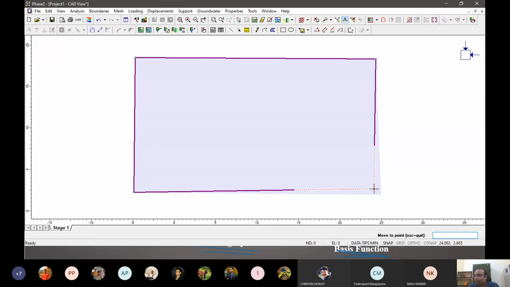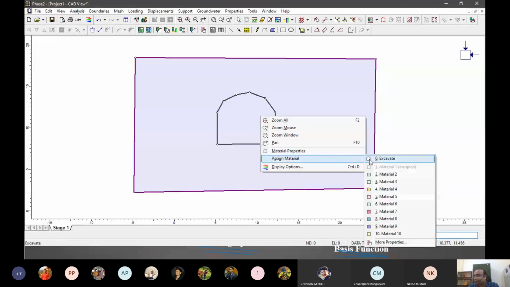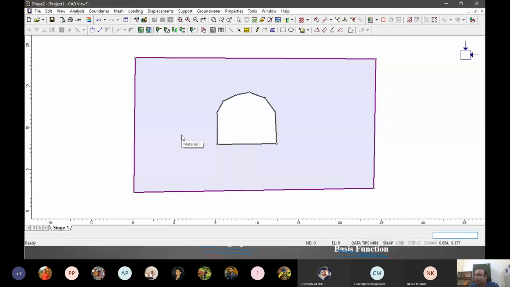And we can make an excavation. So if we want to design a tunnel, we can do that here. It has many functions, and we can basically excavate this. So this kind of geometry can be for a tunnel.